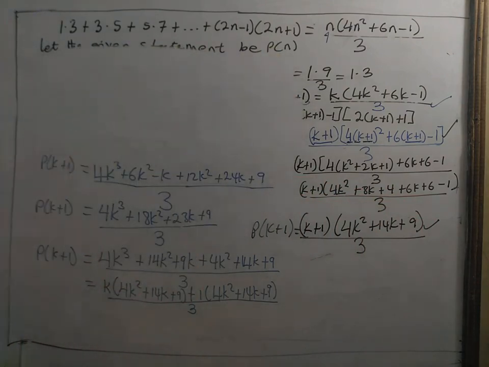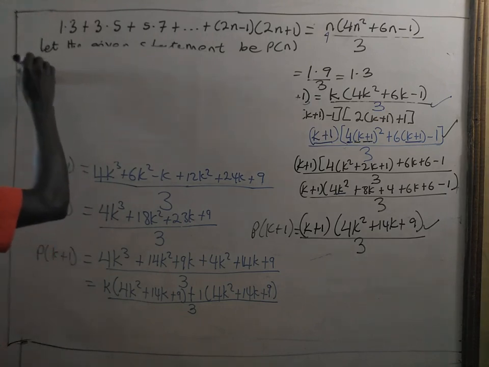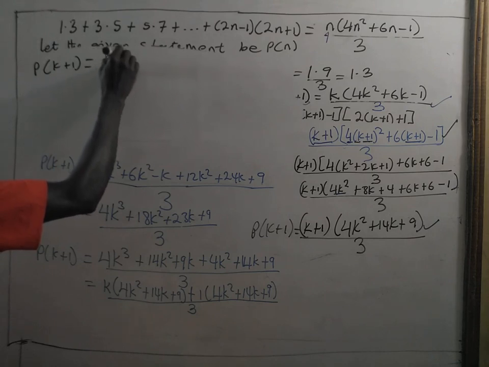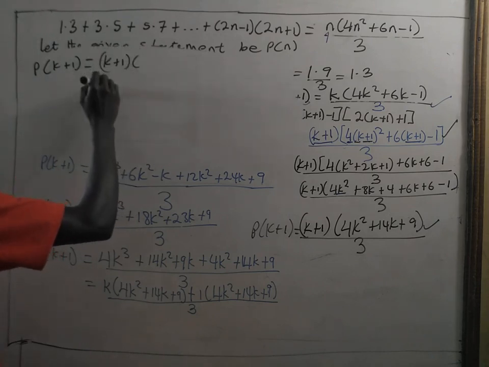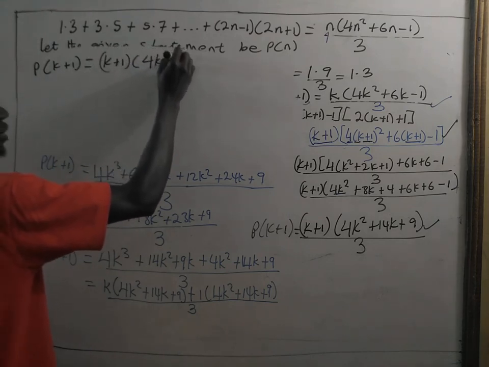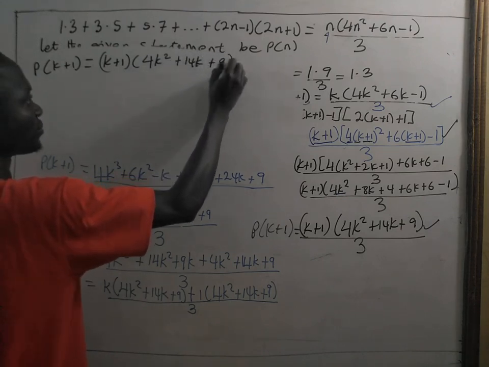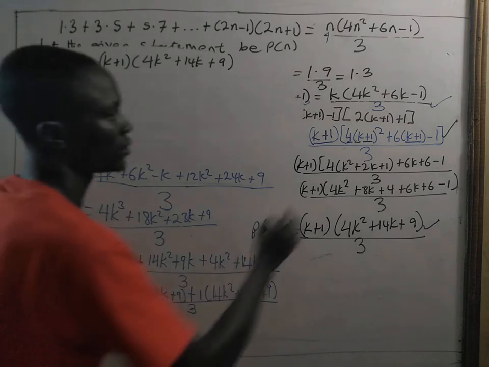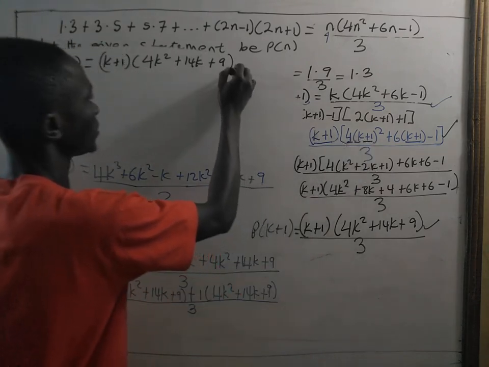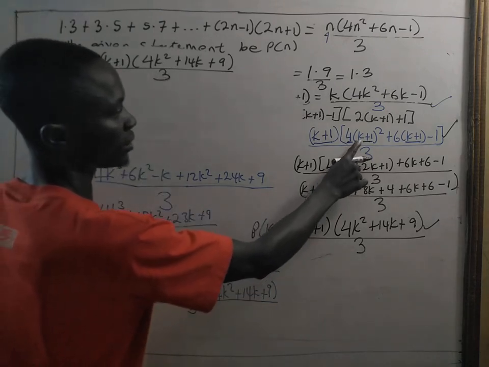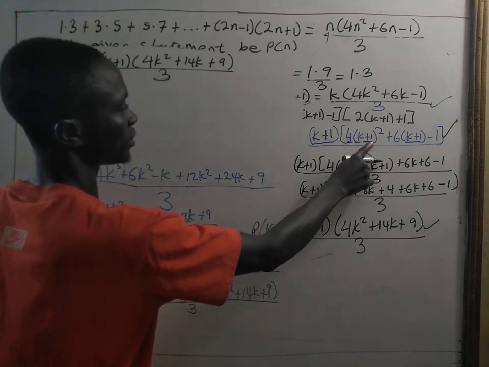Now, let's see. We have pk plus 1 to be equal to k plus 1 times 4k squared plus 14k plus 9. But you see that in the final answer we need k plus 1 squared.